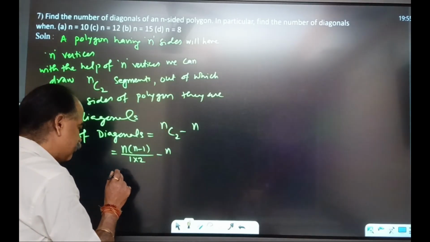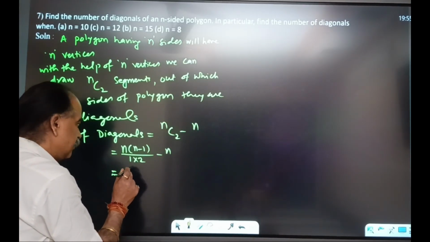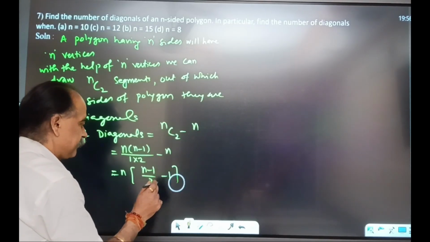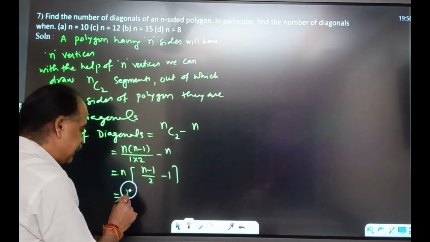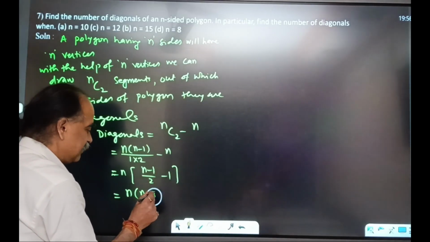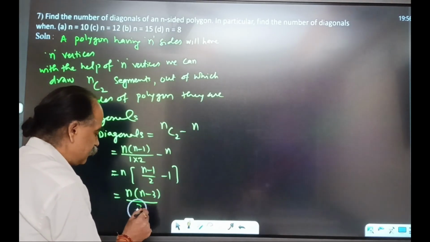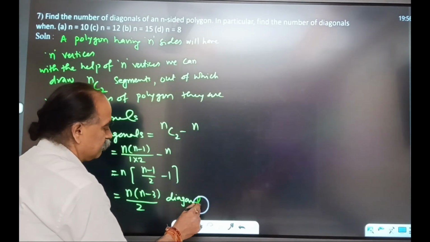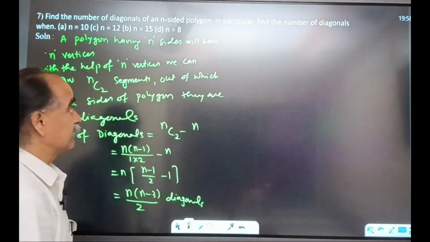We can take n common. So n into n minus 1 upon 2 minus 1, and this gives n into n minus 1 minus 2, that is n minus 3, upon 2 diagonals. This is what I explained earlier, the same thing.